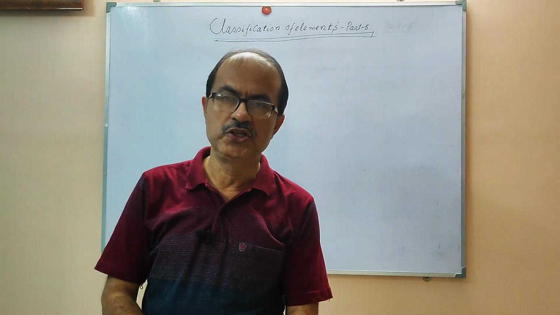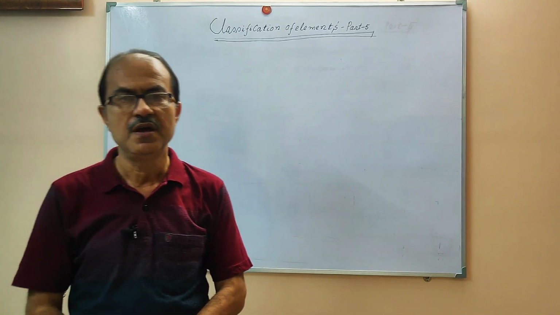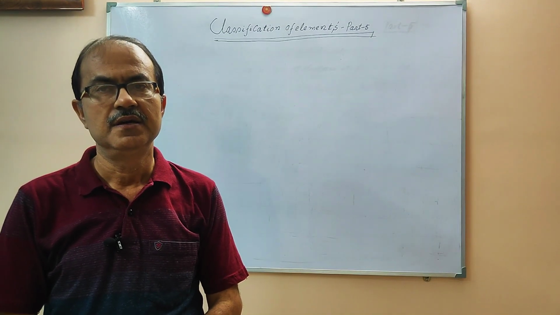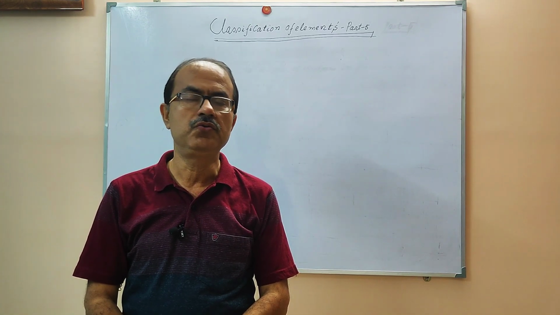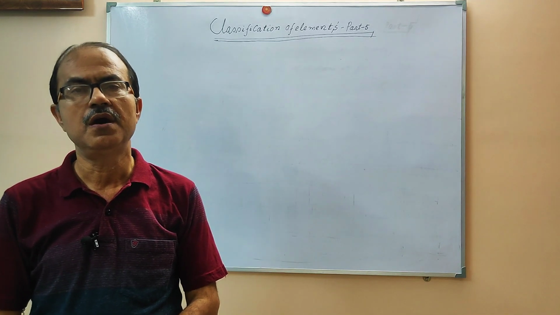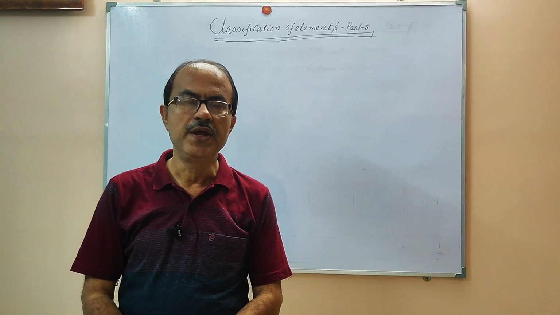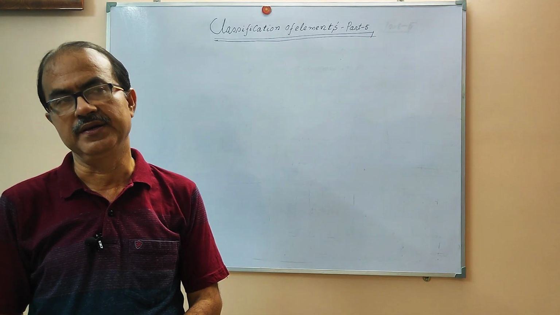Myself K.K. Mukherjee. Today we are going to discuss a very important topic in the chapter Classification of Elements and Periodicity in Properties. In this video we will discuss how you can identify the location of an element in the periodic table when you are given the atomic number.